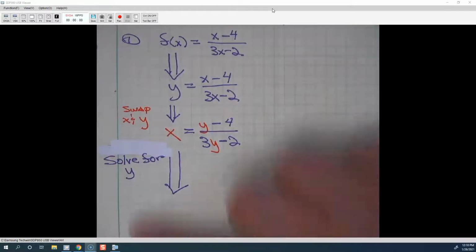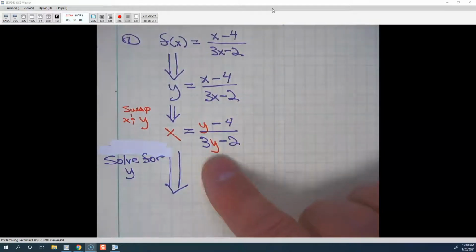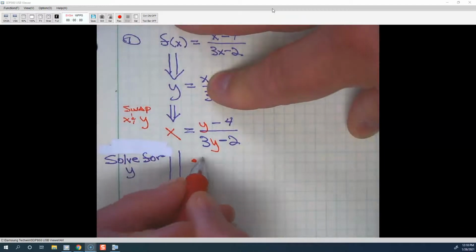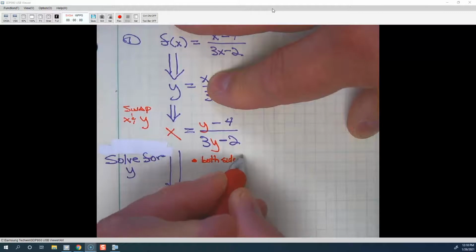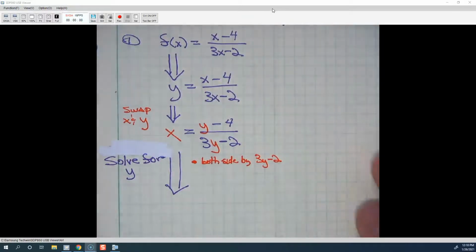So to do this, it's going to take several steps. The first thing we want to do is get rid of that fraction. So I'm going to multiply both sides by 3y minus 2.